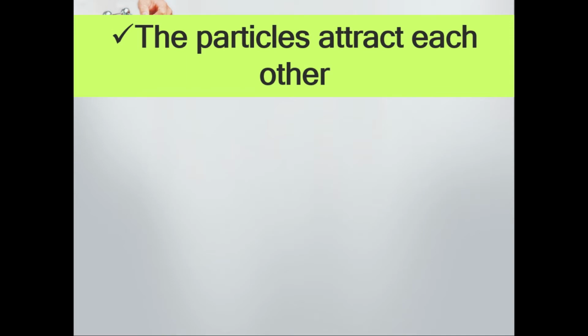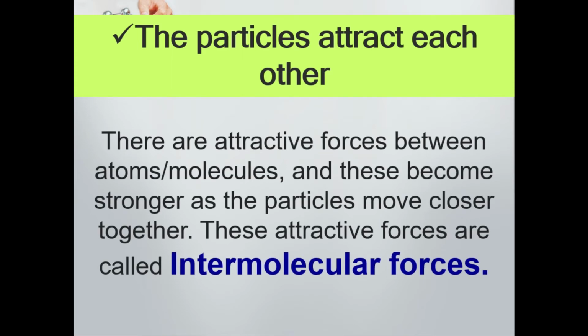Another fact about matter is that the particles of matter attract each other. There are attractive forces between atoms or molecules, and this becomes stronger as the particles move closer together. These attractive forces are what we call the intermolecular forces.